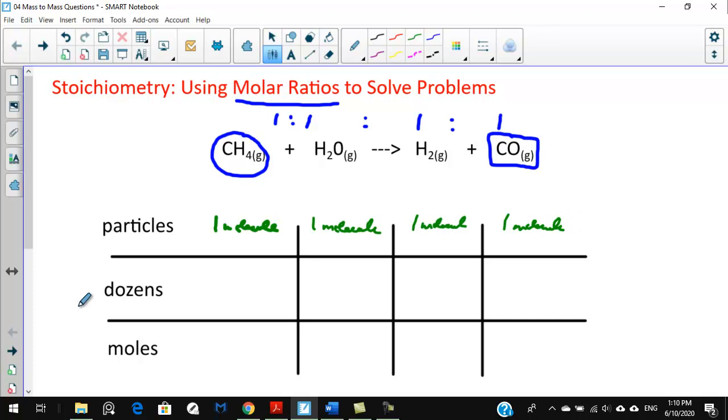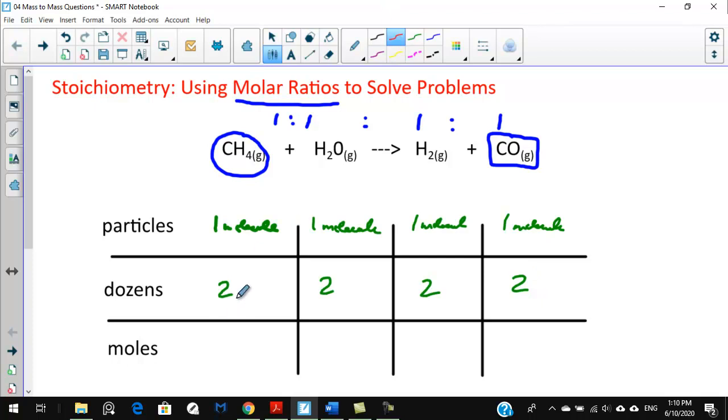But that ratio can be applied to anything. So if you have, let's say, 24 molecules, then you are going to need 24 water molecules. You're going to make 24 hydrogen molecules and 24 carbon monoxides. Okay, so dozens just gave us a way of counting.